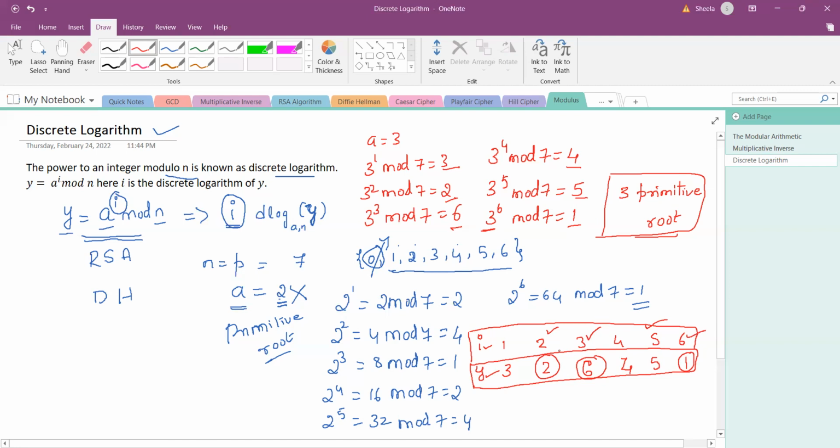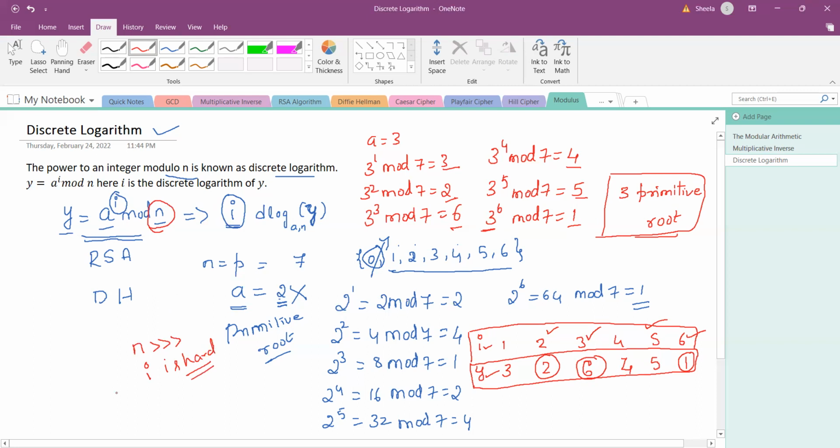When the value of n, the modulus, is small, we can easily find the primitive root and also the discrete logarithm. If the value of n is very large, finding the discrete logarithm is hard.